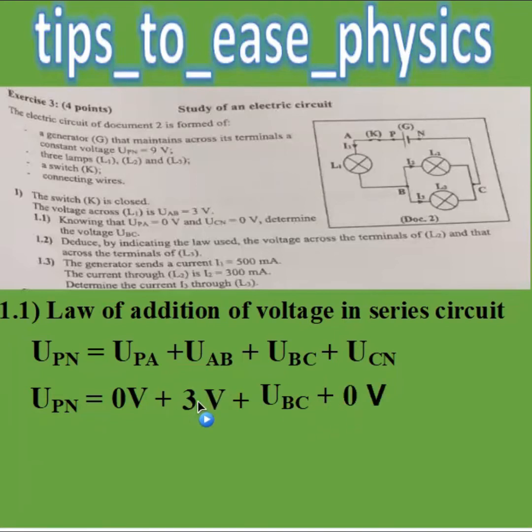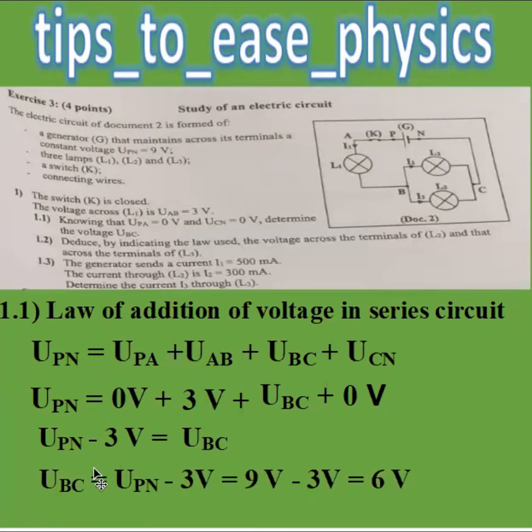Now we can move the 3 volts before the equal sign, and it becomes minus 3 volts, and we can calculate UBC. So UBC is equal to UPN minus 3 volts, and UPN is given as 9 volts. So 9 volts minus 3 volts, which is 6 volts. So UBC is 6 volts.